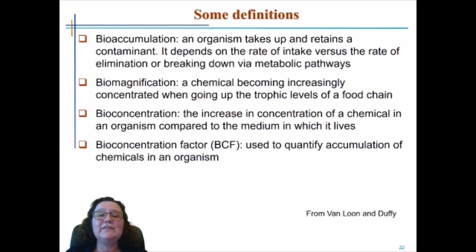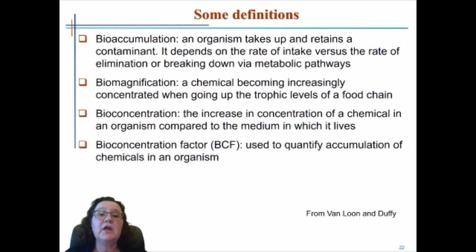And it depends on the rate of intake, how easy it is for the organism to take up the chemical, how fast it happens, versus the rate of elimination, let's say through urine or feces, and also the rate of elimination through breaking down by metabolic pathways.